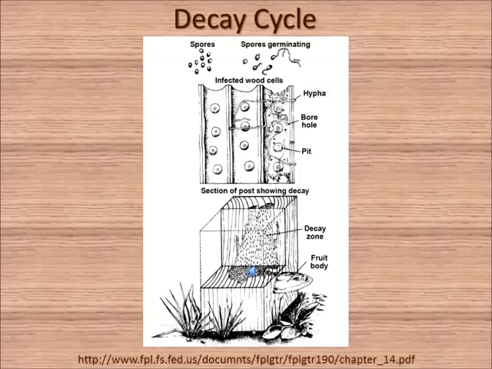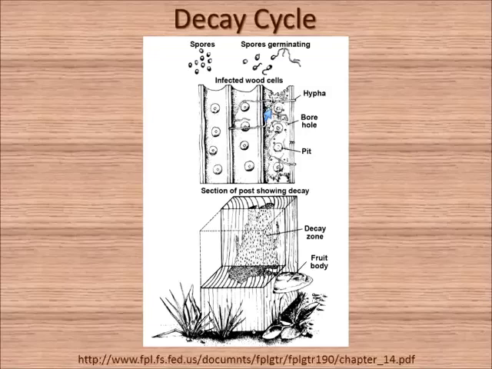A lot of decay fungi exploit wounds to enter the tree, so branches that are broken, mowing wounds, insect wounds, and once they enter, they start growing through the cells of the tree, like here. They grow through the cells, so they use the tree as a house and also as food. They put out chemicals that break down the cell walls of wood, and that's what they eat.